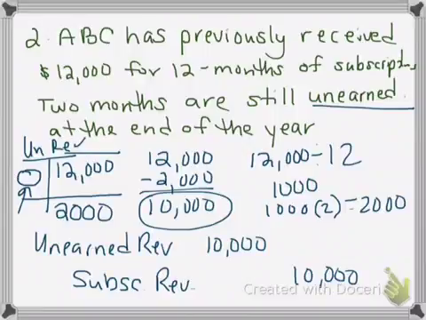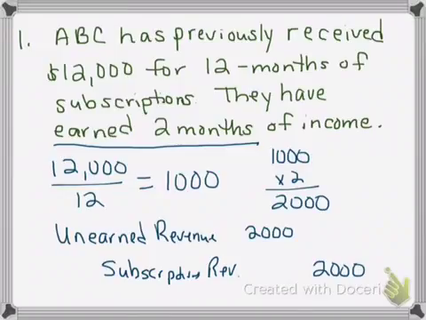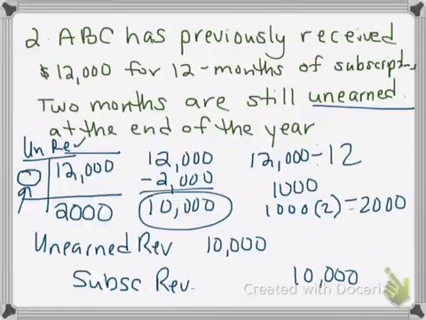Now if you're told this is what I've earned, like we were in number 1, we were given how much they earned, right? So that's going to be your journal entry amount. When you're given a balance to an account, like you did in number 2, you have to find that journal entry amount by looking at the T accounts. So when you're given balances, you're going to look at a T account and see what the entry would be.